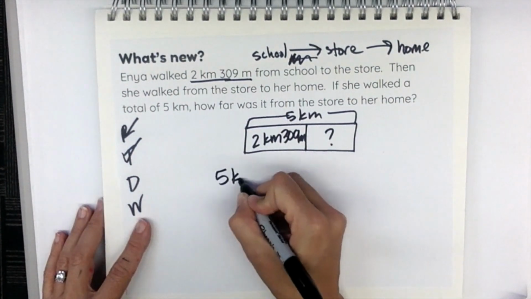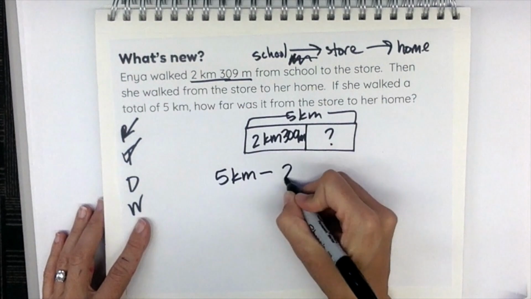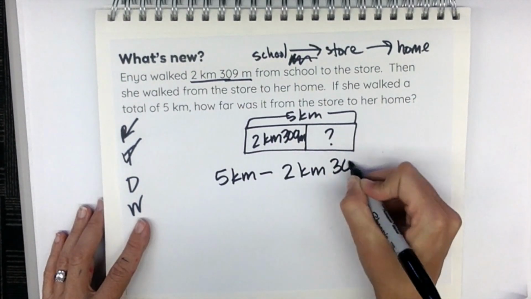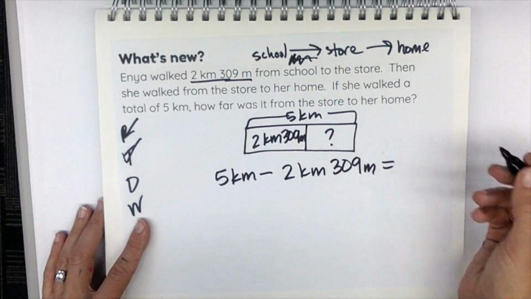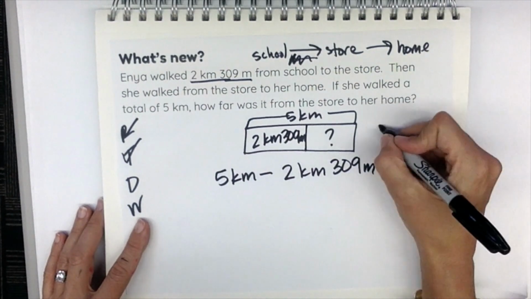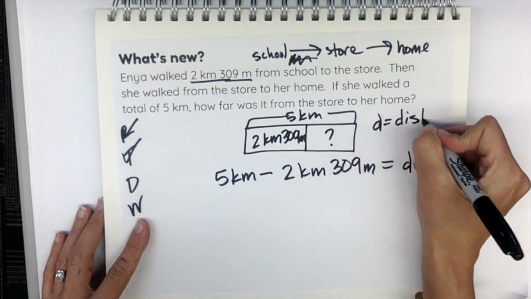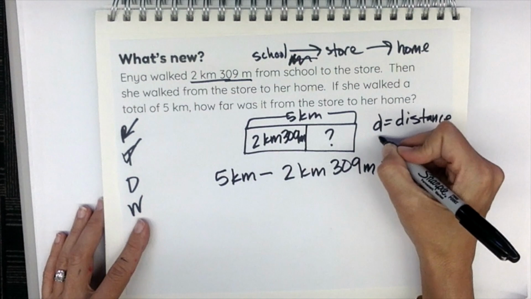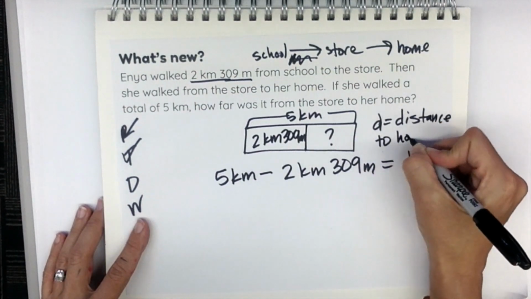So 5 kilometers minus 2 kilometers, 309 meters equals, and let's make it D for distance. D equals distance to home.